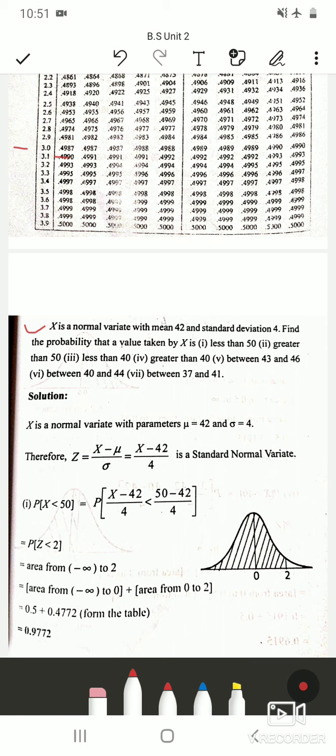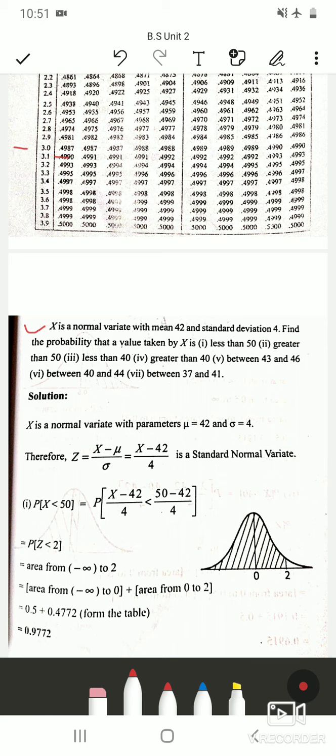Here they have mentioned x is a normal variate clearly, with mean mu as 42, and the parameter standard deviation is denoted as sigma, which is given as 4. Here they have not mentioned what this x is. It can be anything, height, weight of a student, or the width of a leaf, and so on.